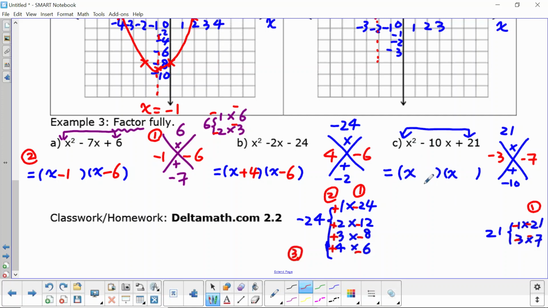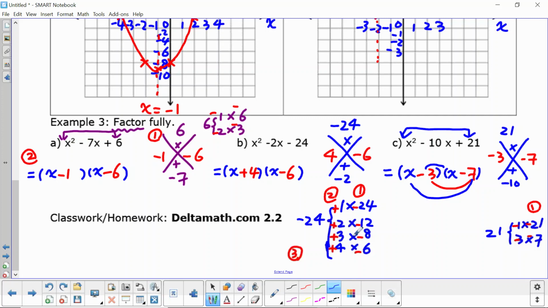The two numbers you found, put in the bracket. Then you could double check. Okay, x times x gives you x squared. -3 times -7 gives you +21. And the middle term, -3x and -7x, will give you -10x. So this way you could check whether your answer is right or not.